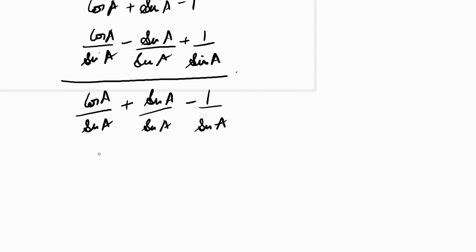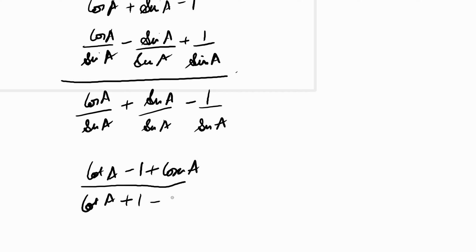This will become cot A minus 1 plus cosec A upon cot A plus 1 minus cosec A.